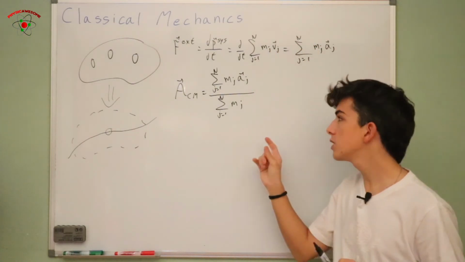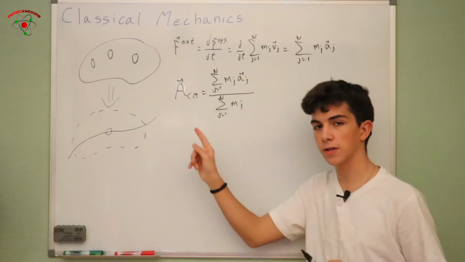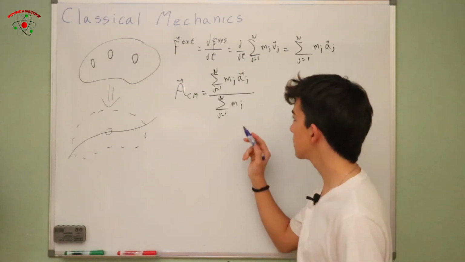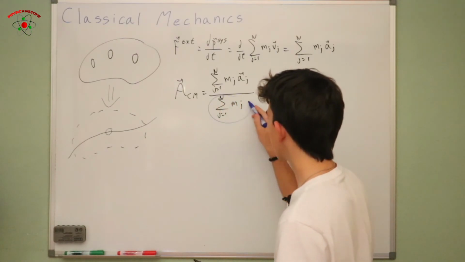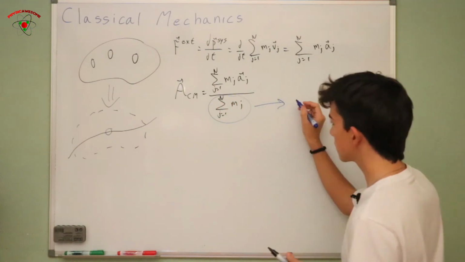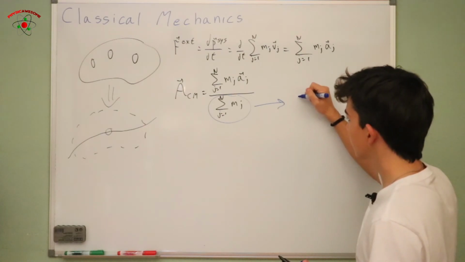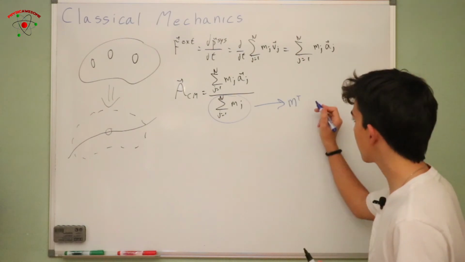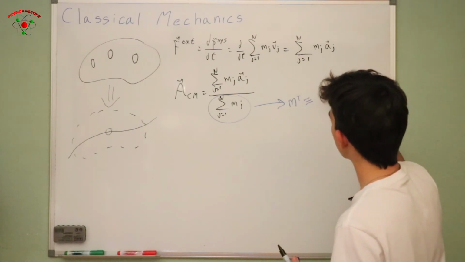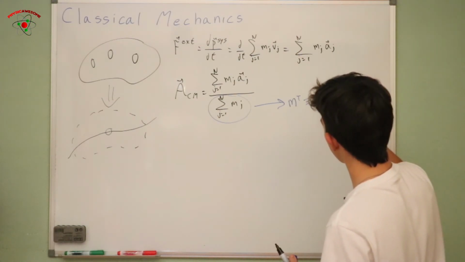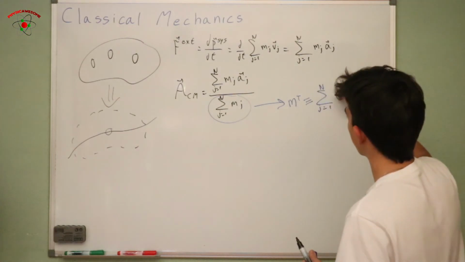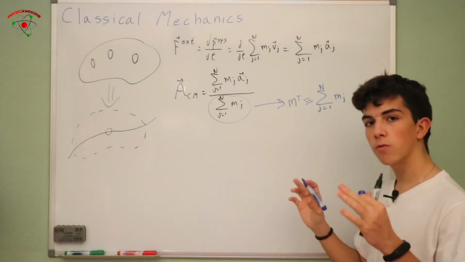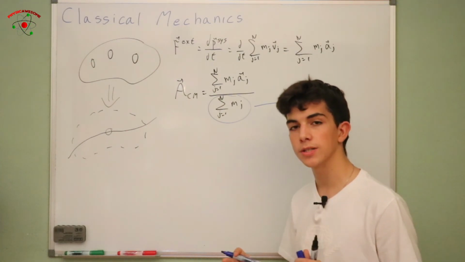In fact, they only differ by this factor. And we are going to define this factor as mt, as m total, which is going to be equal to the sum from j equals 1 to n of mj.